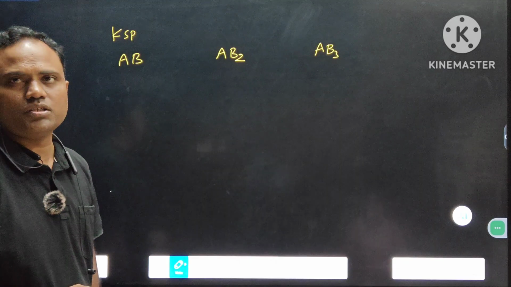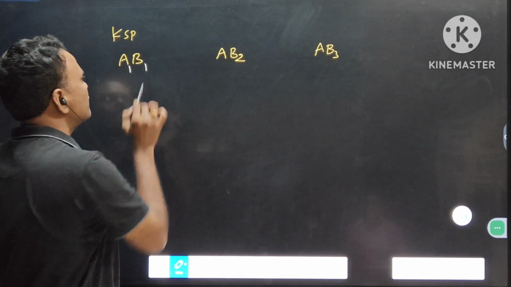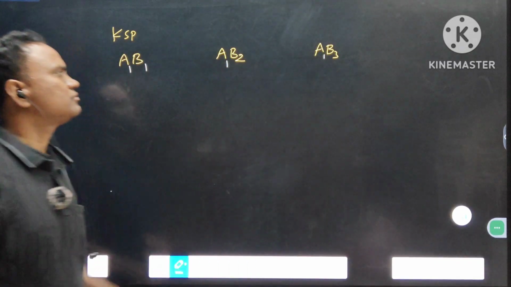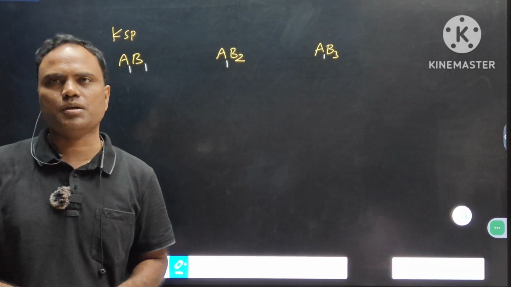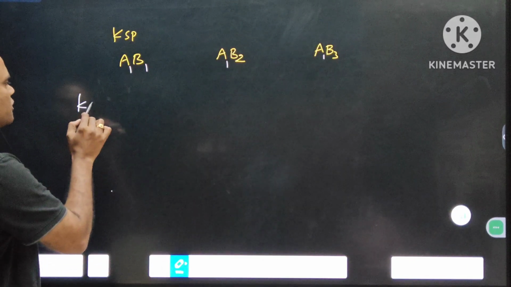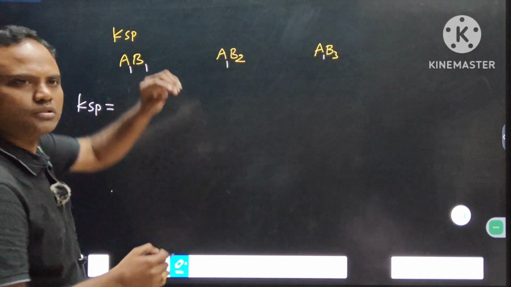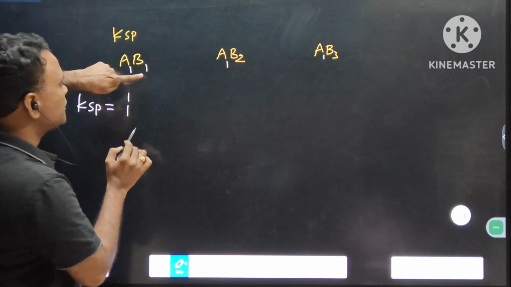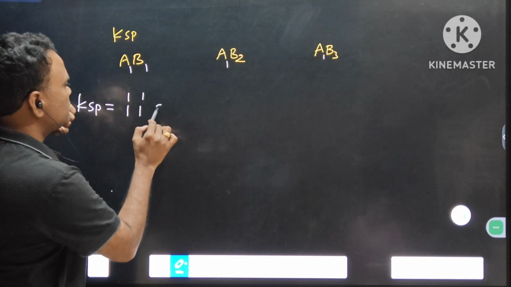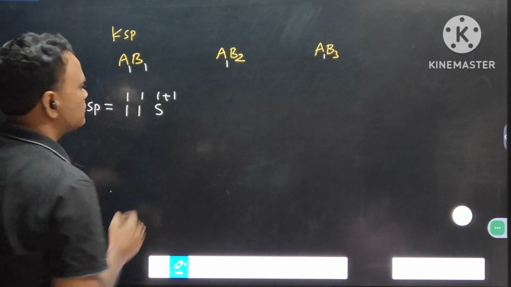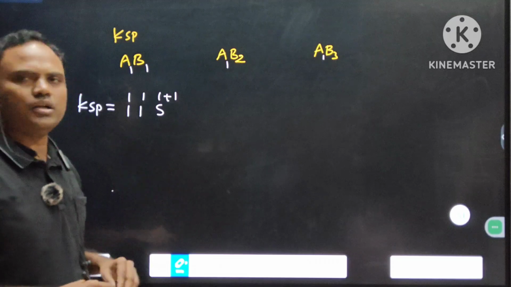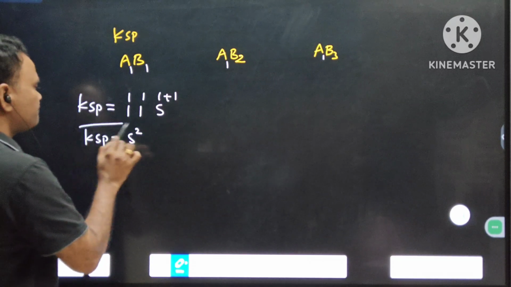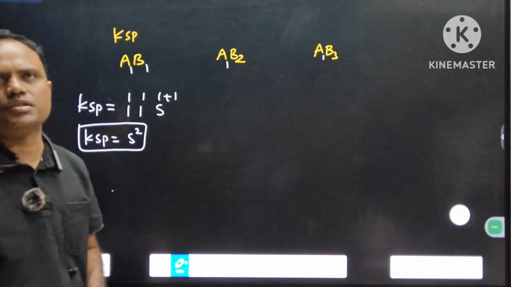Look at the subscripts, 1 and 1. For AB type salts, 1 power 1, 1 power 1, S power 1 plus 1. So Ksp is equal to S square.